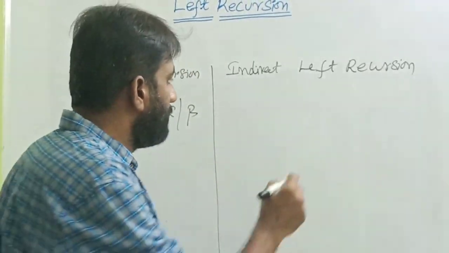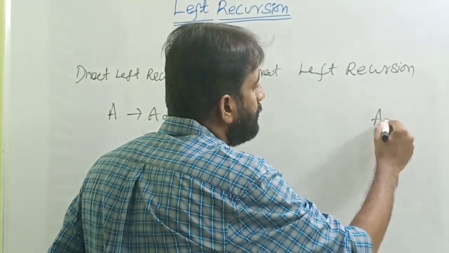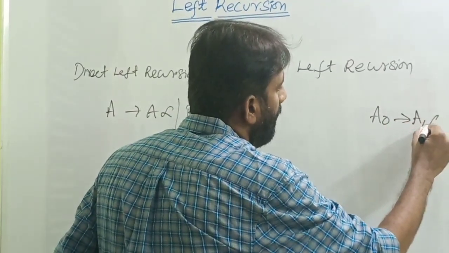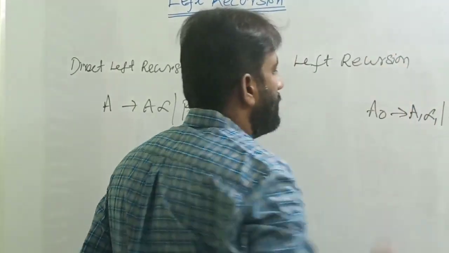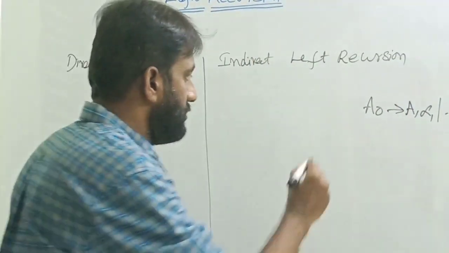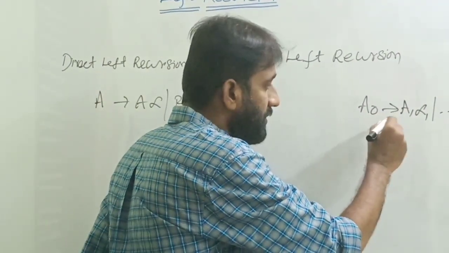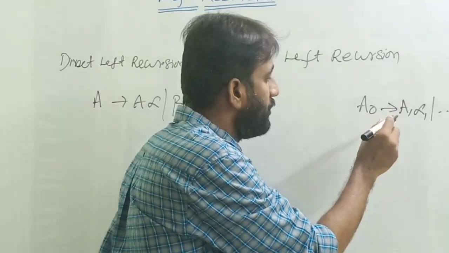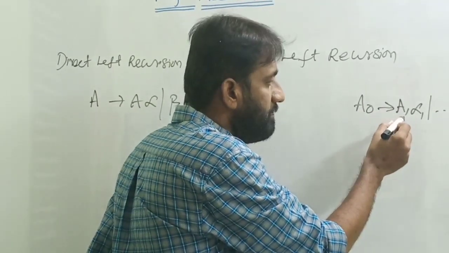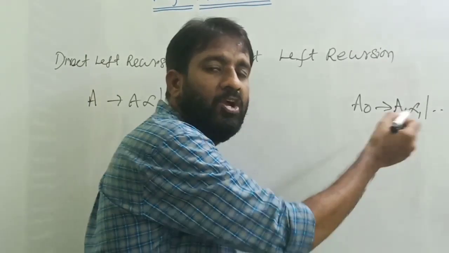Let's say for example I am writing A0 tends to A1 alpha 1. There are some other productions. There is no direct left recursion in this production because A0 is not repeated as the leftmost variable in the RHS part.